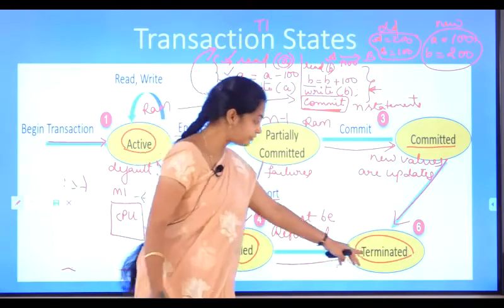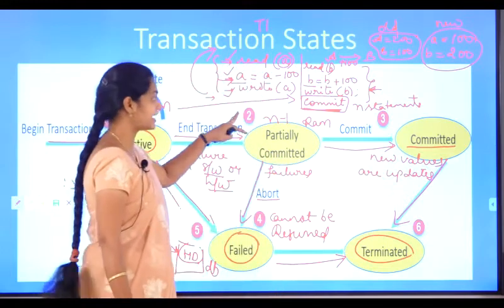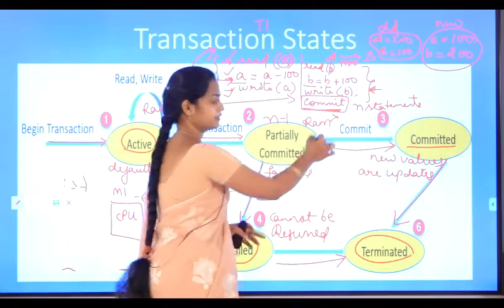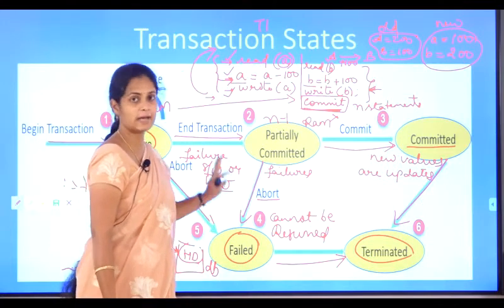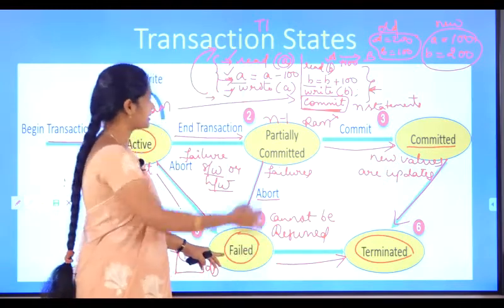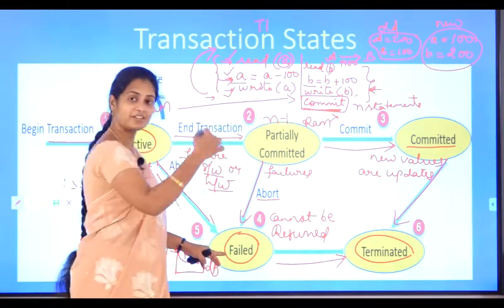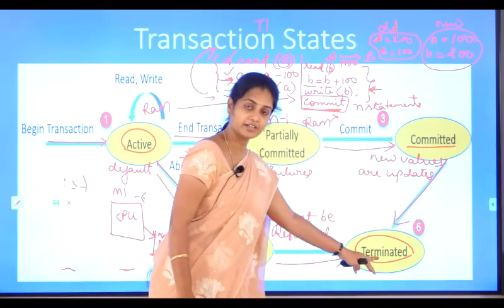So after the terminated state, even if the transaction has failed after commit, there is no problem, because A and B have already been updated in the database. And suppose in between the transaction has failed, again it will enter into the terminated state.